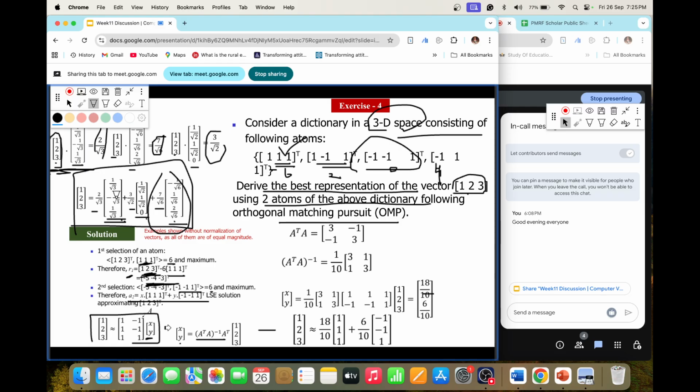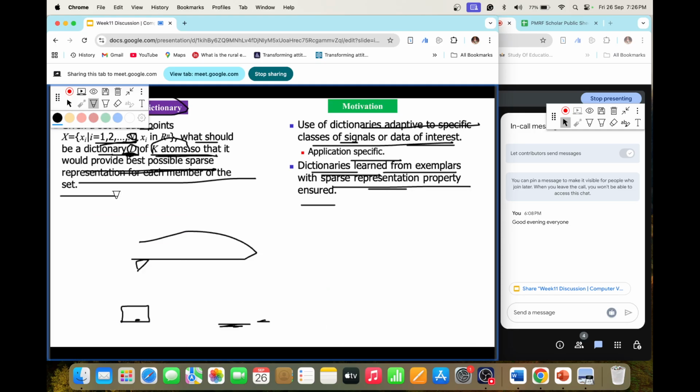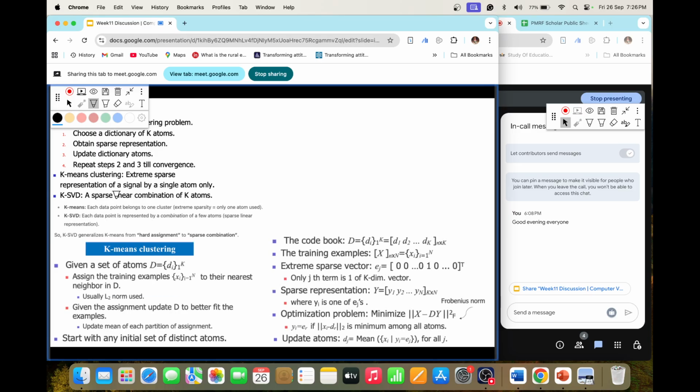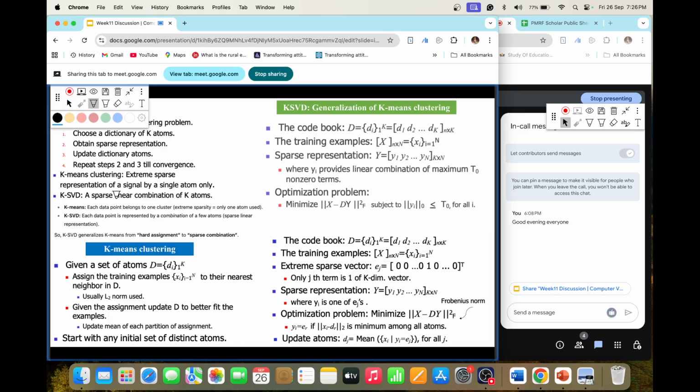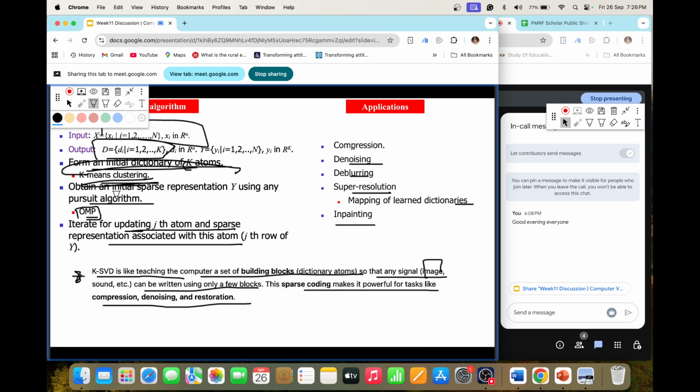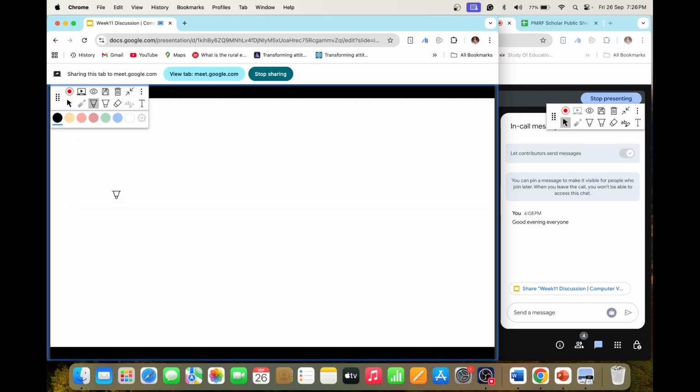Other things are all theory. You can just remember that there are three basic algorithms, MP, OMP and BP, and then the K-SVD algorithm, which first learns the dictionary and then uses an MP algorithm like OMP. That is the whole theory behind this.